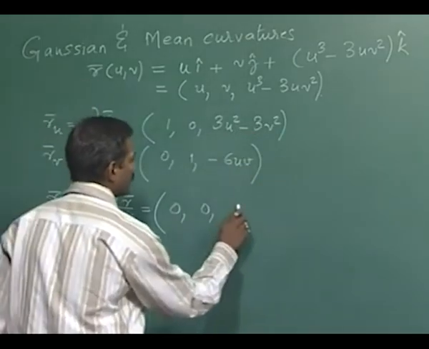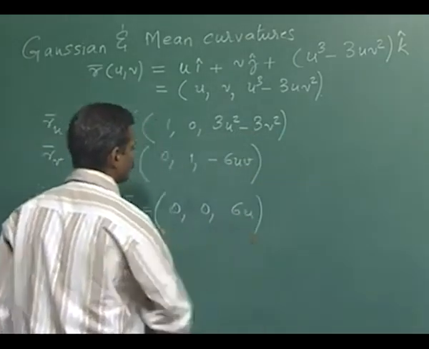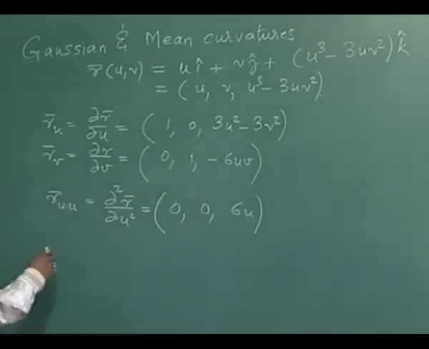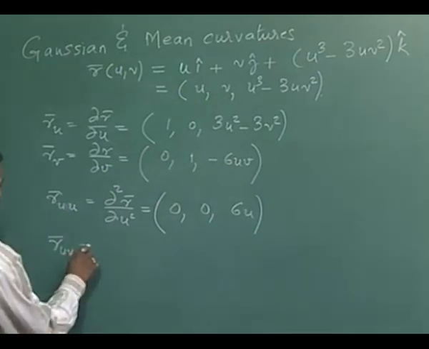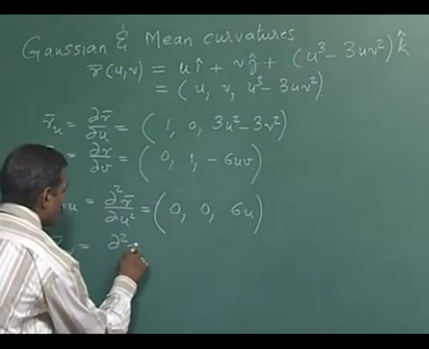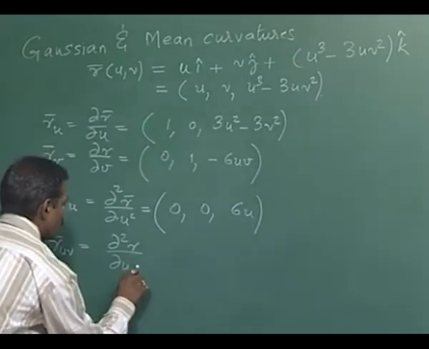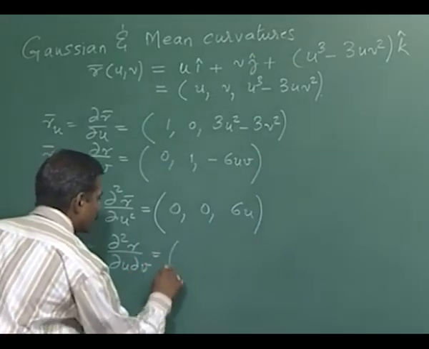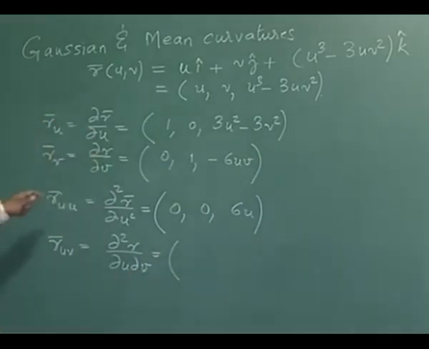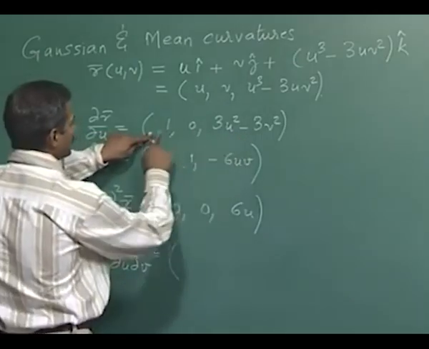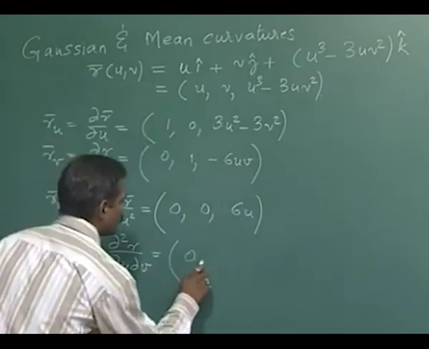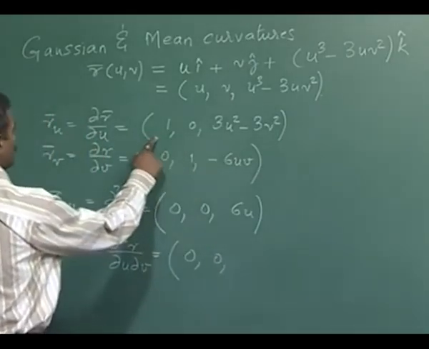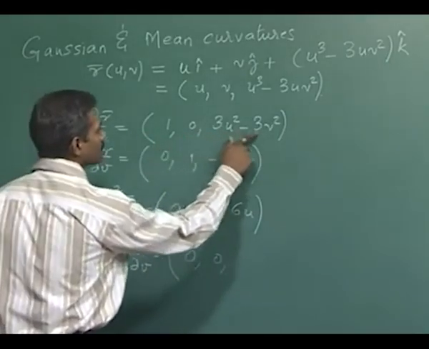Then r uv equals partial 2 r over partial u partial v, which is equal to, I'll have to differentiate this with respect to v, so I'll have (0, 0, minus 6v).